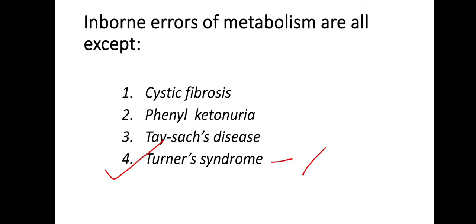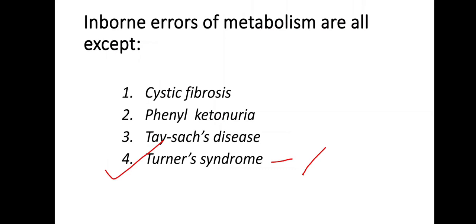Next is Tay-Sachs disease. Tay-Sachs disease is also an inherited disease. It is a rare disorder caused by an absence of one enzyme that helps break down fatty substances. These fatty substances are called gangliosides.